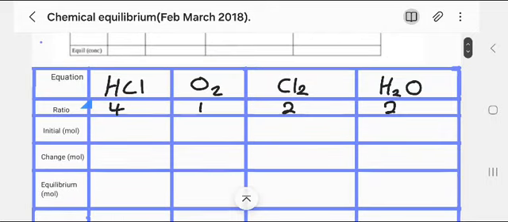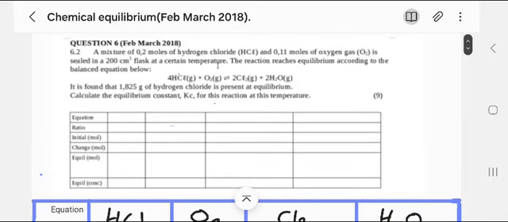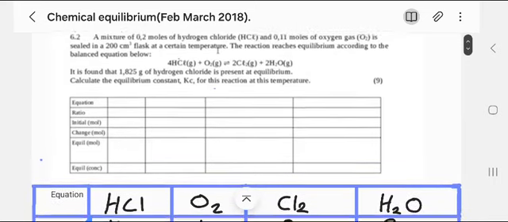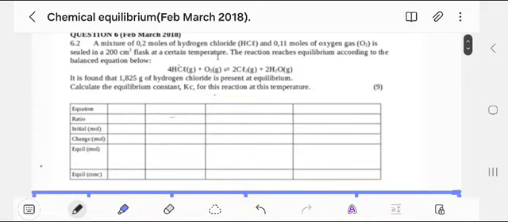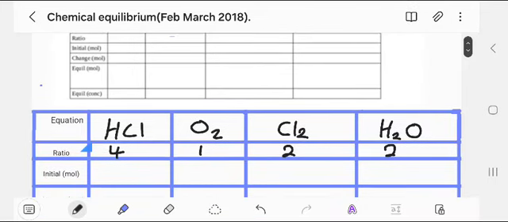Right, so what about the initial moles? We are given the initial moles of what? The mixture of 0.2 moles of hydrogen chloride, so it is 0.2 here. Initially we had 0.2 moles.